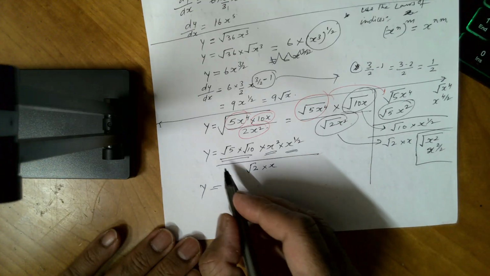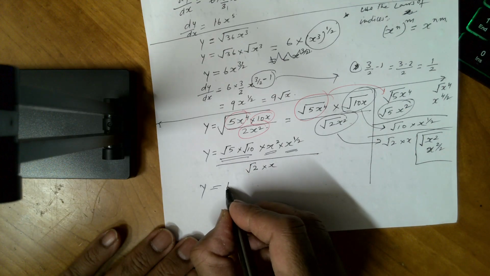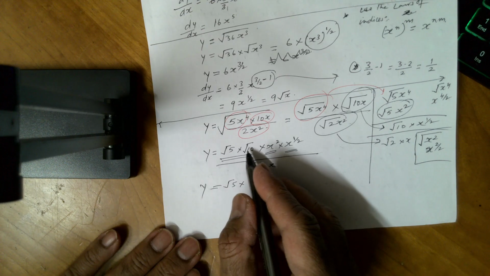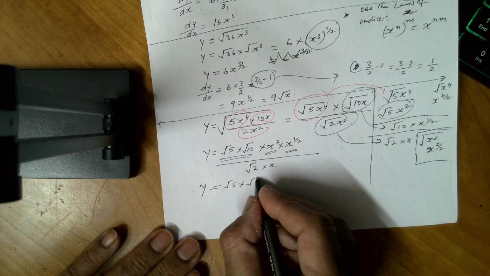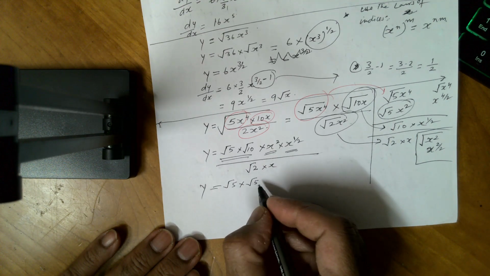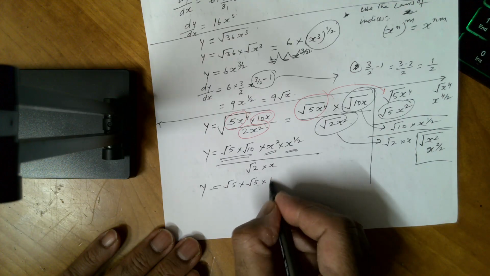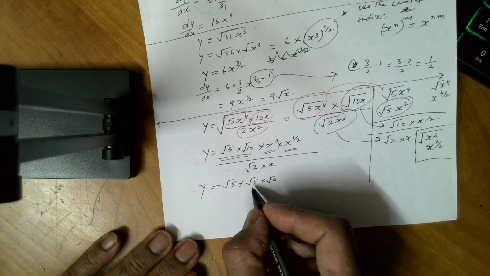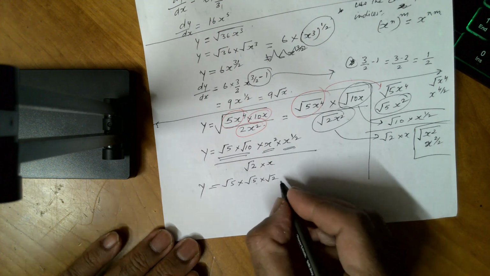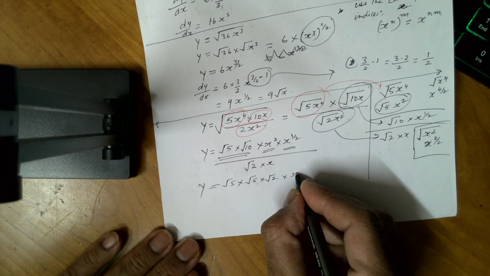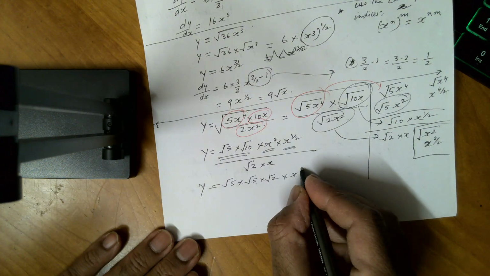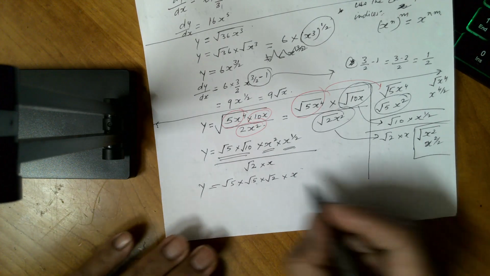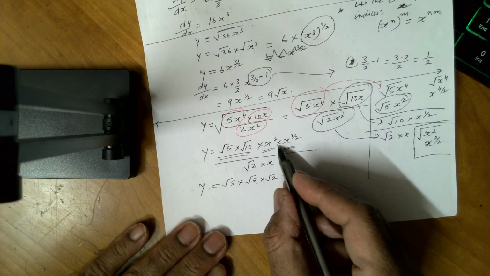Let's simplify one more time. Square root of 5 here, multiply. I can write square root of 10 as square root of 5 multiply square root of 2. Yeah, I can do that. And then your x square multiply x half.